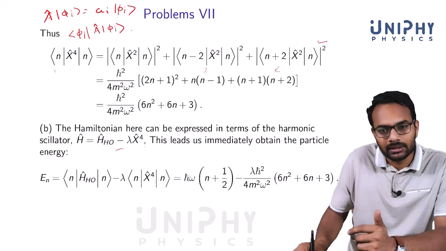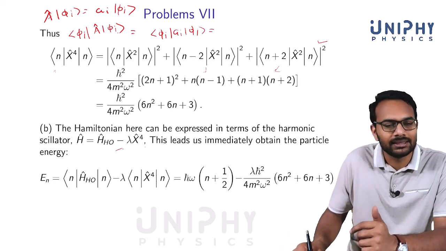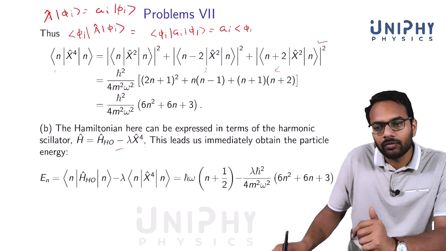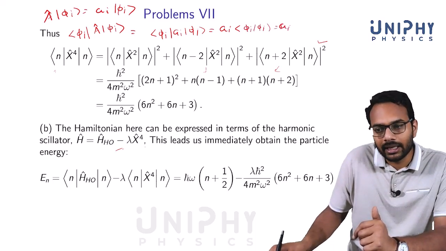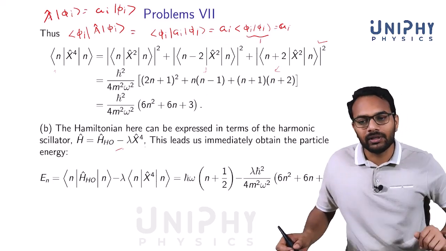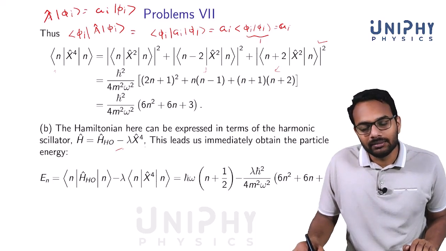You get phi i, A i phi i, and there's no summation here. So you pull A i outside, and phi i with phi i is equal to 1 because of orthonormality, so the result is equal to A i.